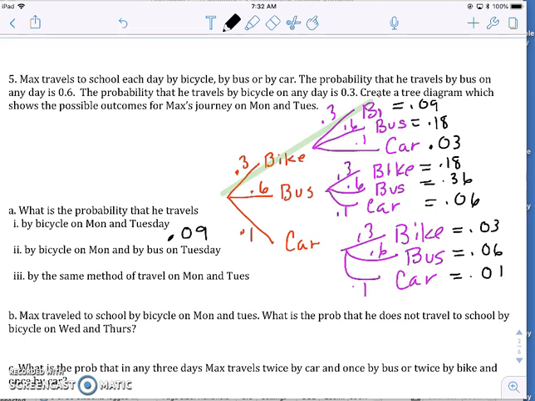By bicycle on Monday and bus on Tuesday, so bike, bus, 0.18. The same method of travel on Monday and Tuesday, so bike, bike, bus, bus, car, car.